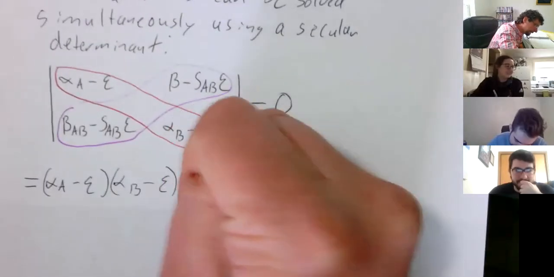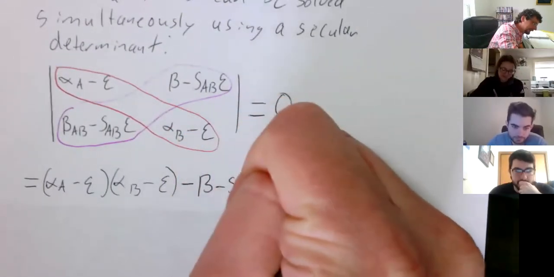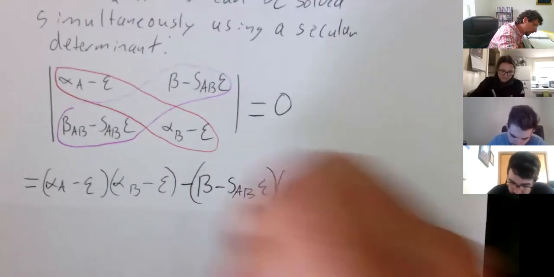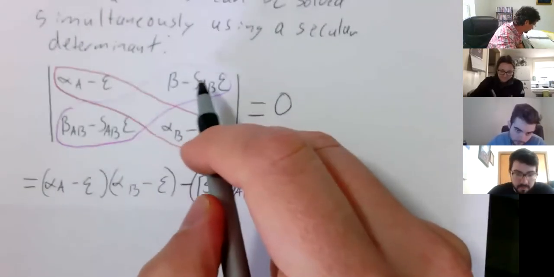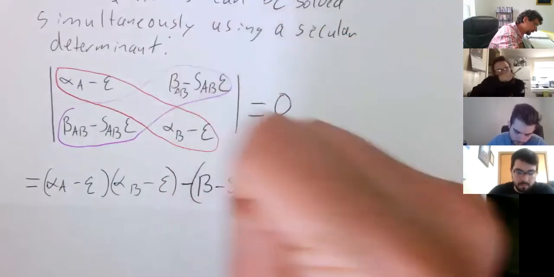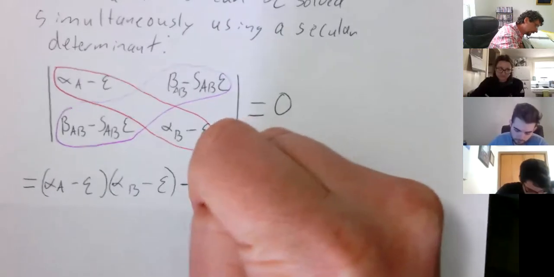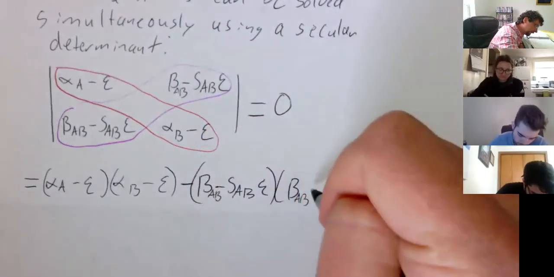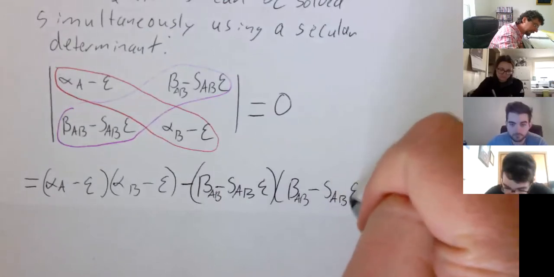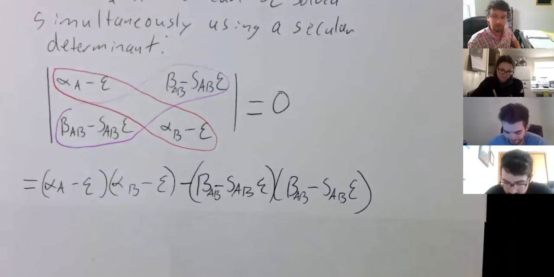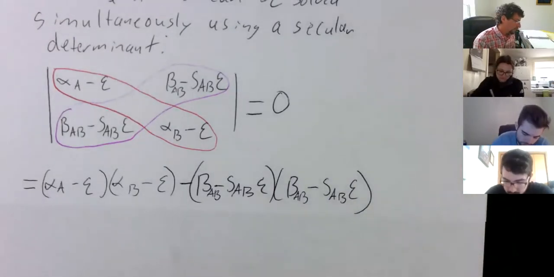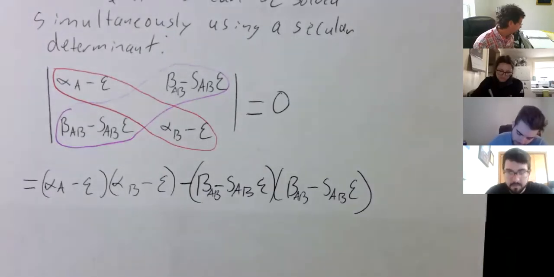Minus beta AB epsilon. Oops, we forgot some symbols in here, didn't we? I guess I didn't have to write this out twice, but that's okay. Okay, we can run to the punchline with this.